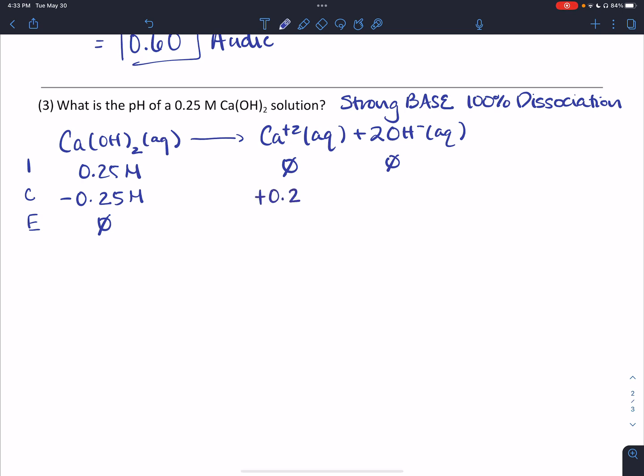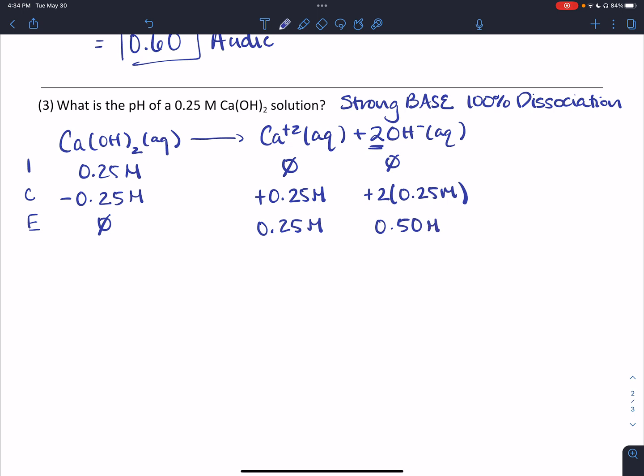So I'm going to have 0.25 molar calcium, which will give me 0.25 molar in my flask at the end. Now, for my hydroxide, for every 1 molecule of that calcium hydroxide, I actually have 2 hydroxide ions that are formed in solution. So I'm going to add 2 times 0.25 molar. So when I look at my flask at the end of the reaction, I actually have 0.5 molar of the hydroxide.